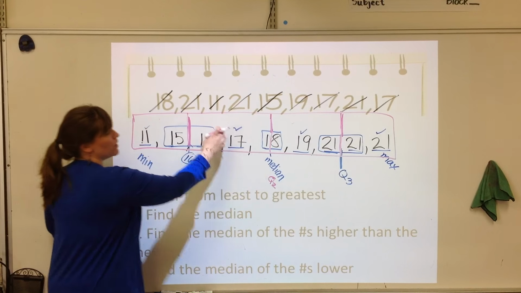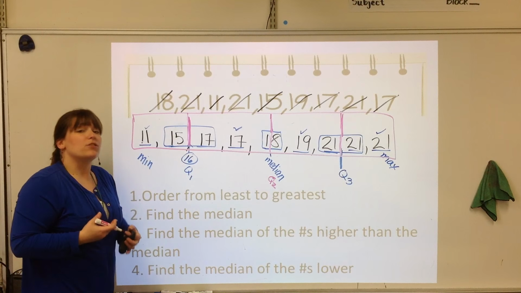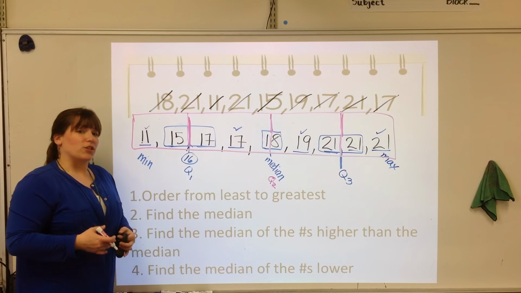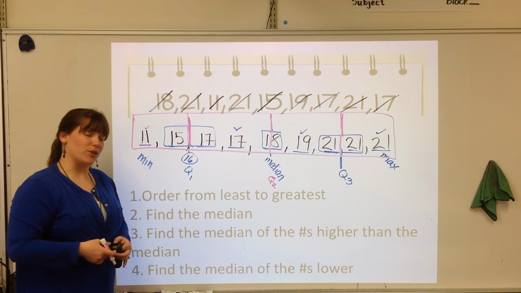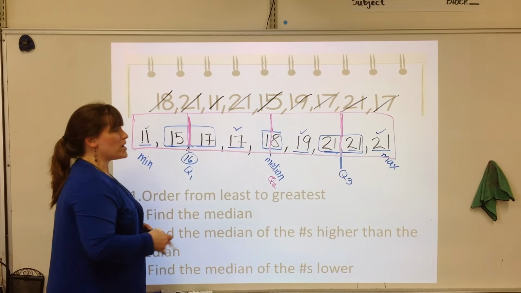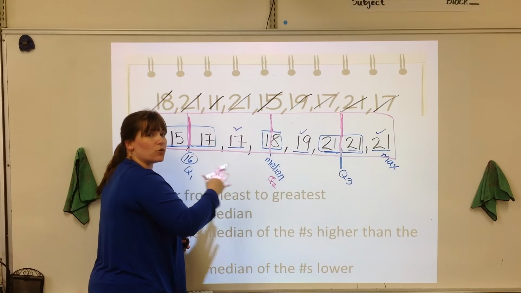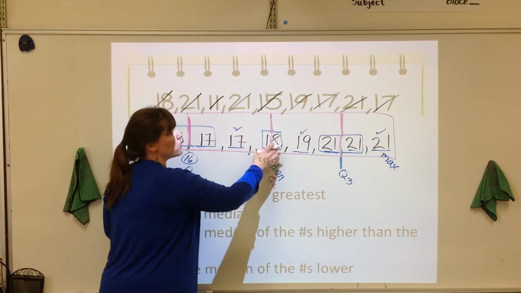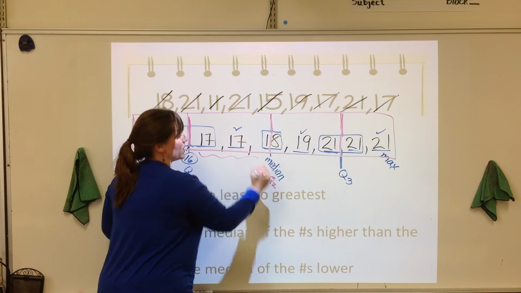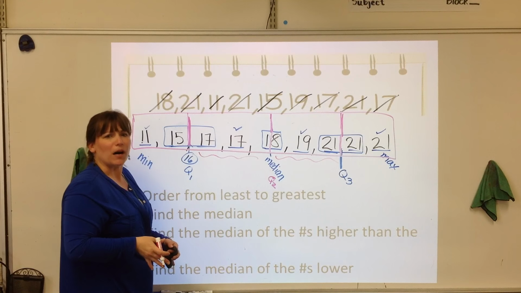So we have 4 equal groups, and that is what we have to do in order to find what's called the interquartile range. I know I'm throwing a lot of words out at you, but basically we care the most about the inside 2 quartiles. We want to know what's close to the middle. What's close to the middle is this quartile and this quartile. We don't really care about the end ones as much.